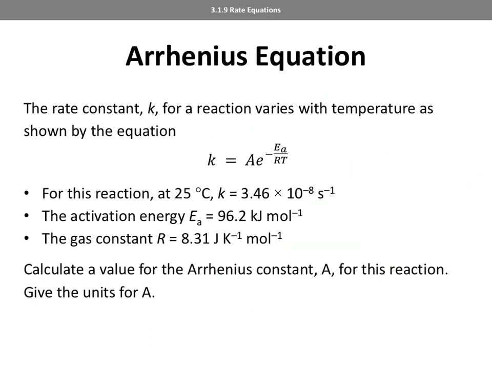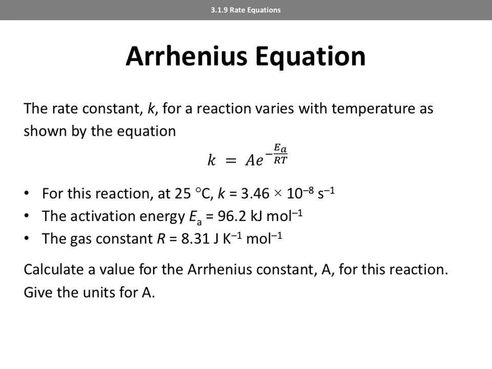So you can be asked to do a calculation using the Arrhenius equation. We've just got an example question here. The rate constant k for a reaction varies with temperature, as shown by the equation, and then they give us the Arrhenius equation. For this reaction at 25 degrees Celsius, k equals 3.46 times 10 to the minus 8 seconds to the minus 1.